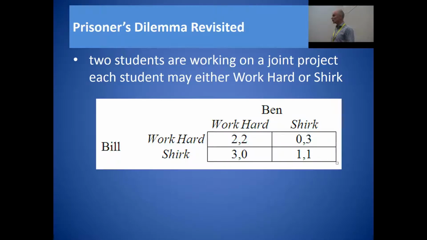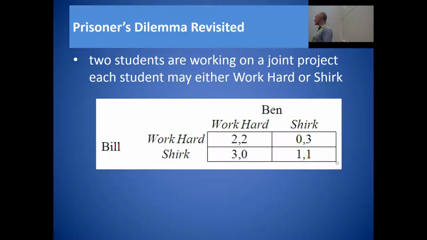We've got our two students, Bill and Ben, and the two available strategies, to work hard or shirk. These numbers just represent the preferences of these two students. The nature of these preferences and the way that these outcomes are ordered is exactly the same as we saw previously with our two prisoners.